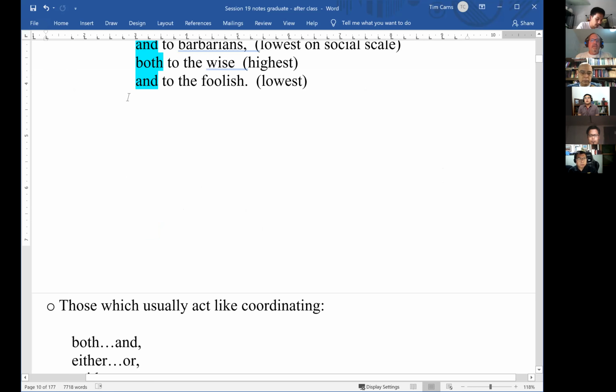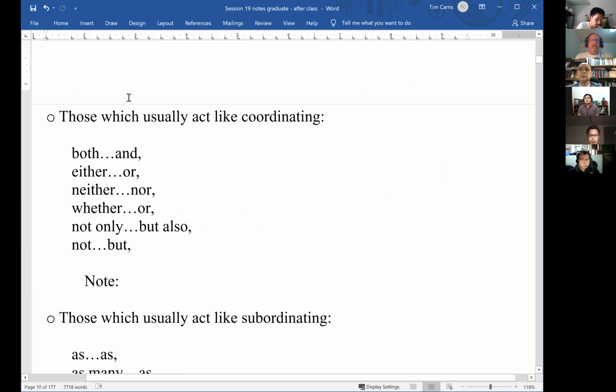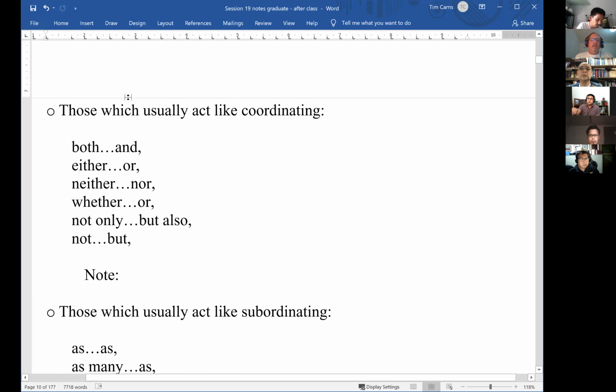And then the second thing I want to mention about these is the correlative conjunctions are going to act either like a coordinating or a subordinating conjunction. They don't have their own unique, different way of joining. They're going to act like coordinating, which is the case for all of these. And notice the clue. We have an and in each pair. You see that?